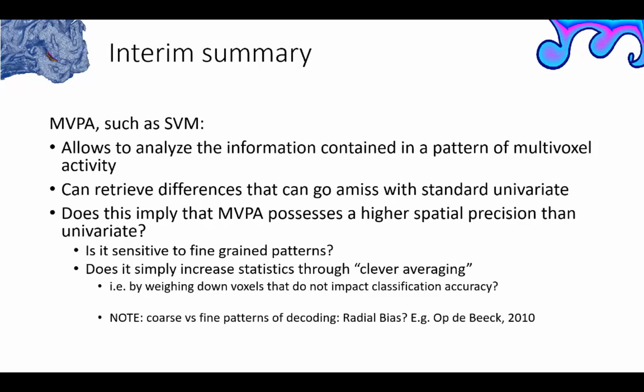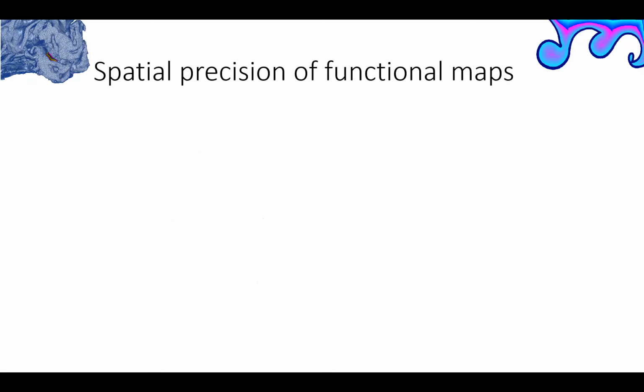I'm not going to go into details about this, but I just wanted to mention there's a big debate still ongoing about what information MVPA is relying on to decode, for example, orientation coding, whether a coarse map or finer maps. And there's this idea of radial bias, which could explain at least part of what we see in the orientation decoding. I just wanted to make you aware that there's debate out there. We're not going to go into that debate, but it's good to know that people are thinking about this.